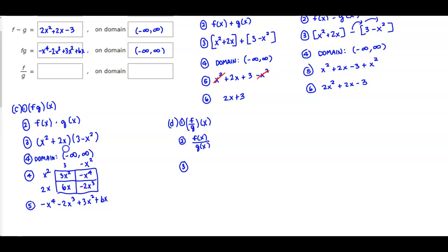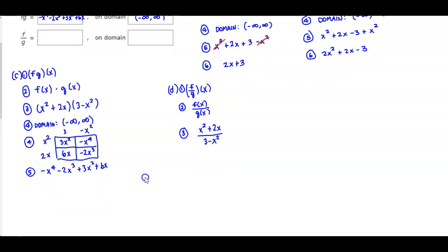So f of x we know is x squared plus 2x, and then divide that by 3 minus x squared. Okay, so in our numerator we can factor. We can factor out an x and then get x plus 2. In the denominator we can't factor that, so we have to leave it as 3 minus x squared.